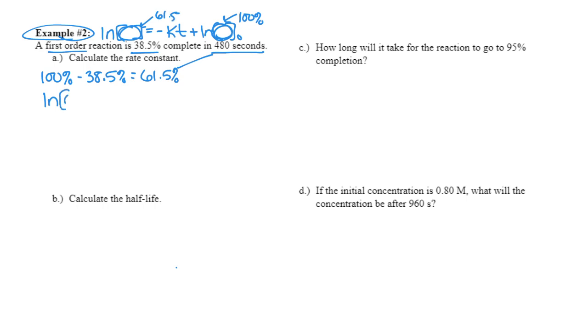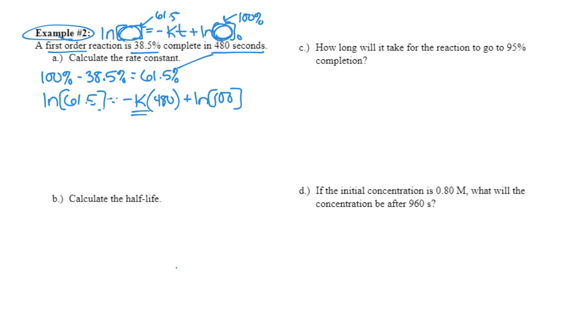So I'm going to go ahead and say the natural log of 61.5 equals negative K. And my time, because the question is asking us to solve for the rate constant, which is K, the time is 480 seconds. So that can get plugged in there. And then plus the natural log of 100. Okay, from there, we're solving for K.